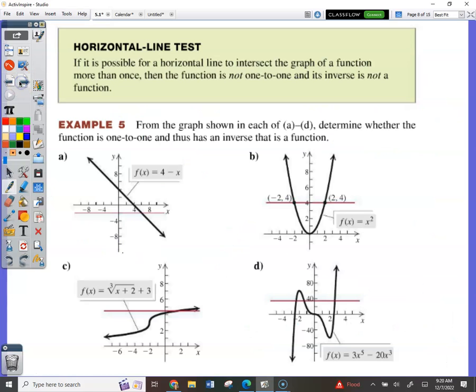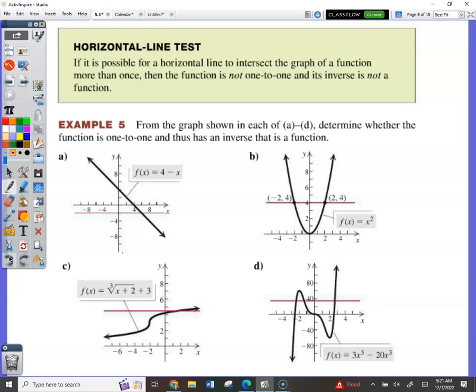So let's look at this one right here. We are practicing the horizontal line test. Look at A. Does A pass the horizontal line test?